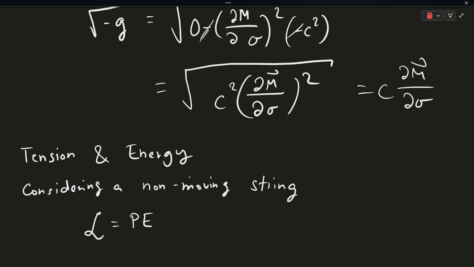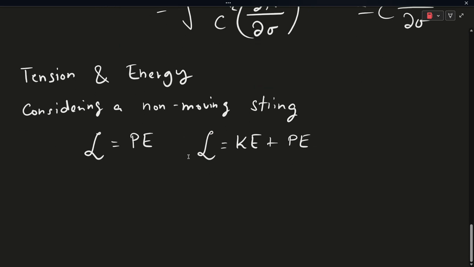Because usually if it's moving, we would have to consider a non-zero kinetic energy term in the Lagrangian. We'll discuss that in another lecture. So we'll consider the one where the Lagrangian is simply equal to the potential energy. Okay, so far so good.